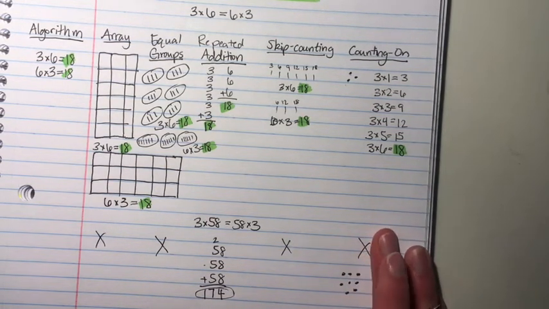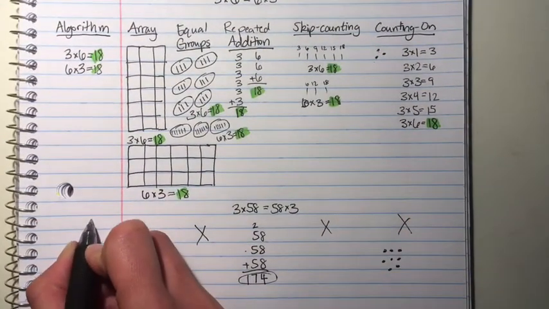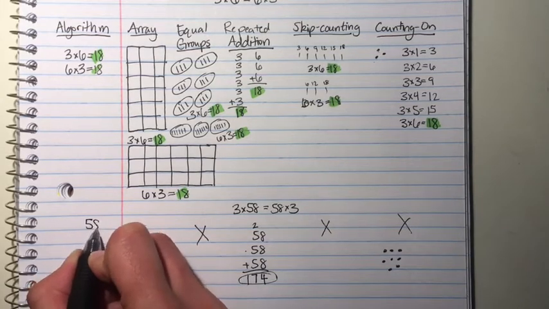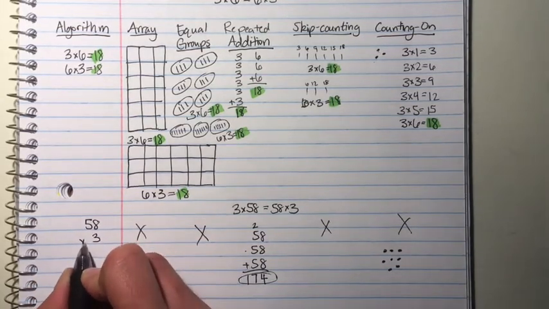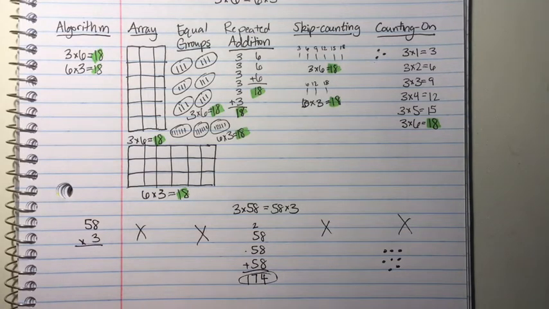Now let's try it with the algorithm, and you'll see that you're going to get the exact same answer. The algorithm, 58 times 3. First, I need to do 8 times 3. Well, if I'm having a hard time remembering that, just like I might have had a hard time remembering 6 times 3, I can use one of these options again.